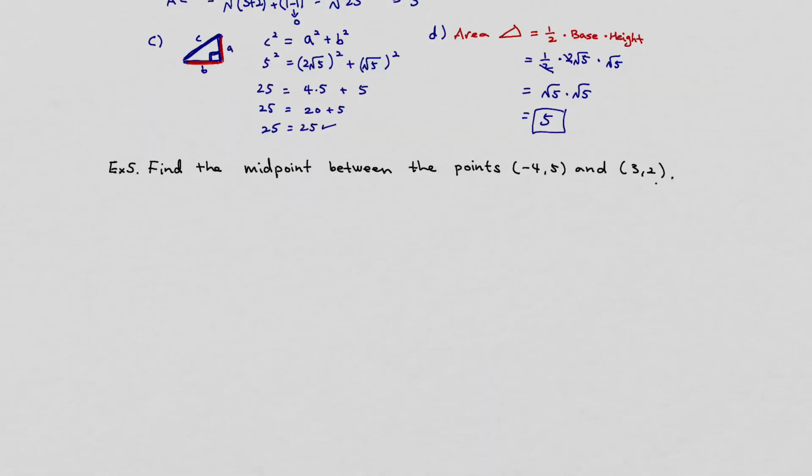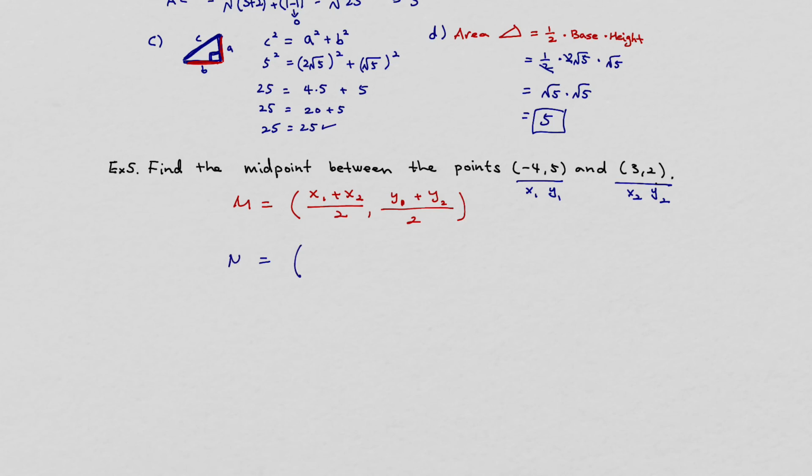Let's do one last example from these sessions, finding a midpoint. So finding a midpoint, don't forget your formula was adding all the x values and dividing by 2, and adding the y values, dividing by 2. So in this problem, you have the points x1, y1 and x2, y2.